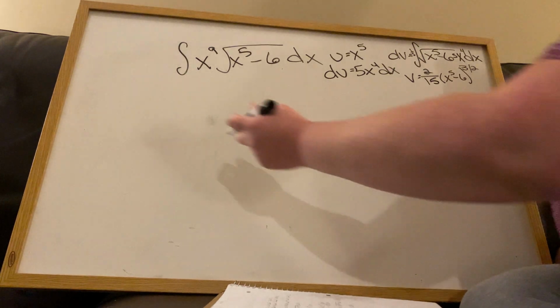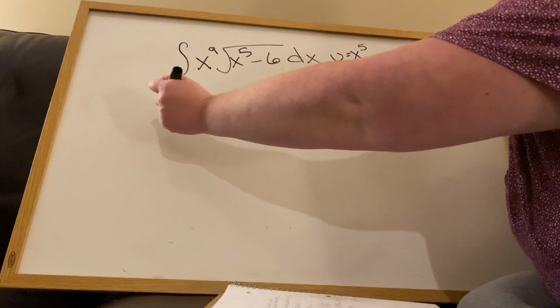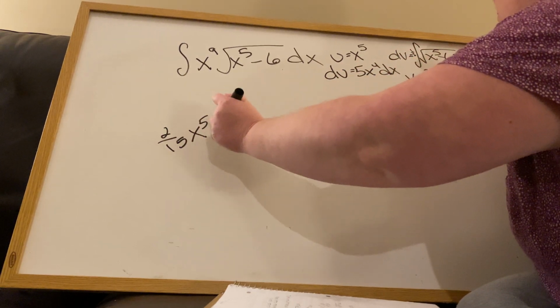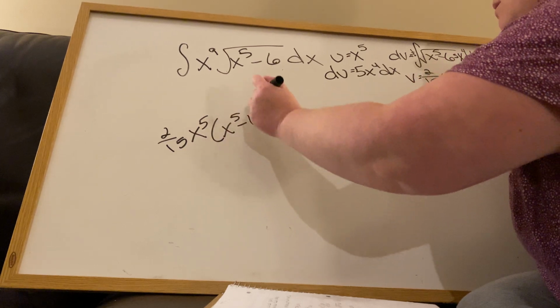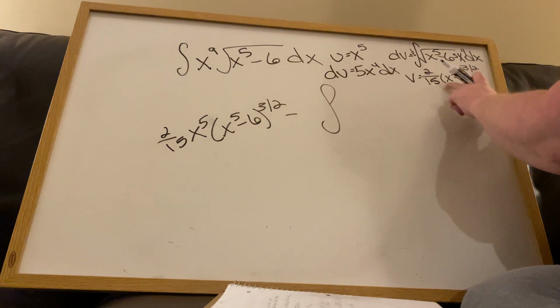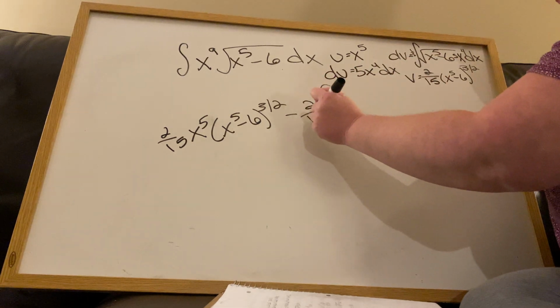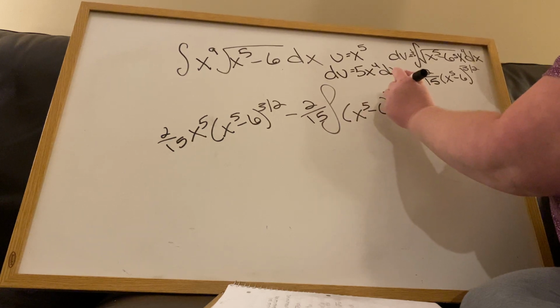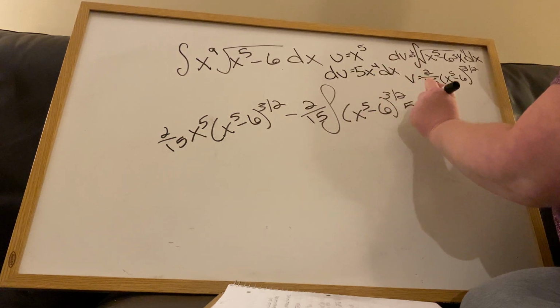So then we'll fill it through. So you've got u times v. So we've got 2/15 x to the 5th times x to the 5th minus 6 to the 3/2 minus the integral of v, and the 2/15 is not helpful, du.